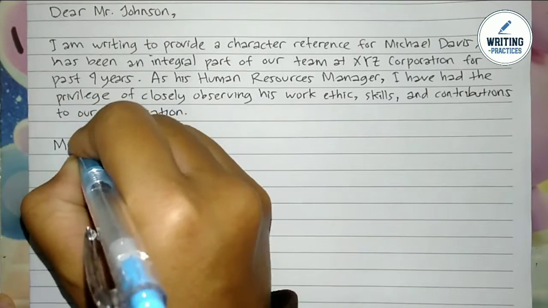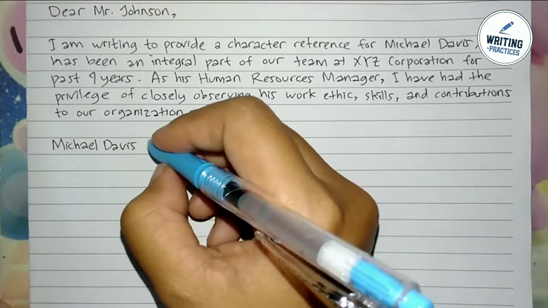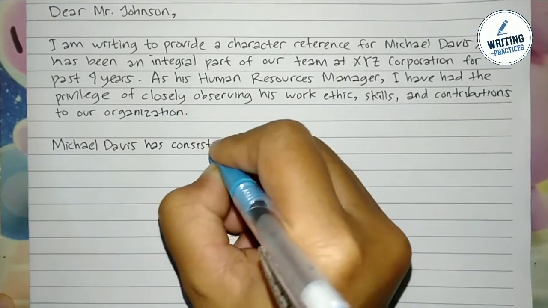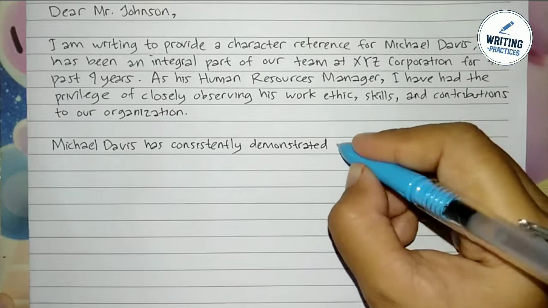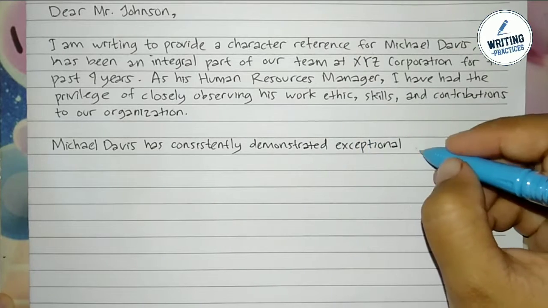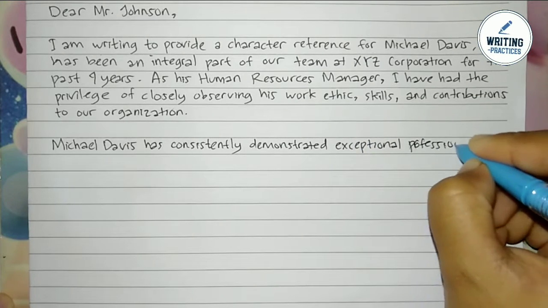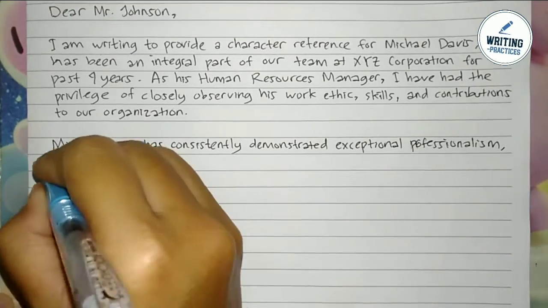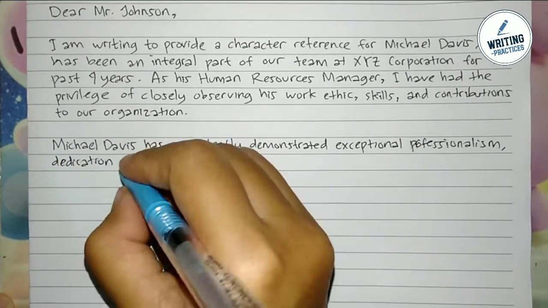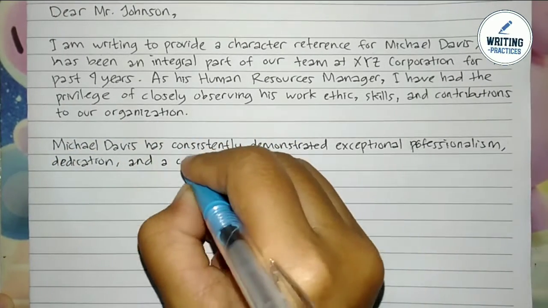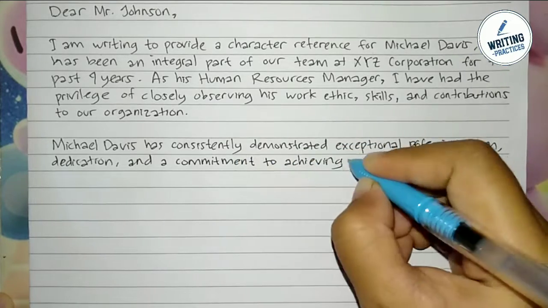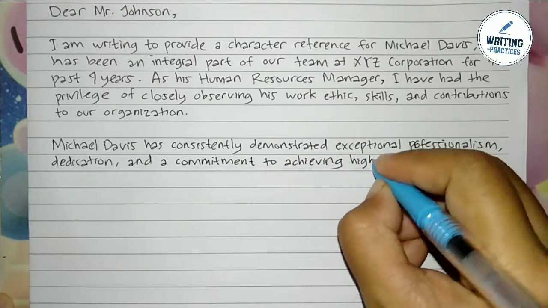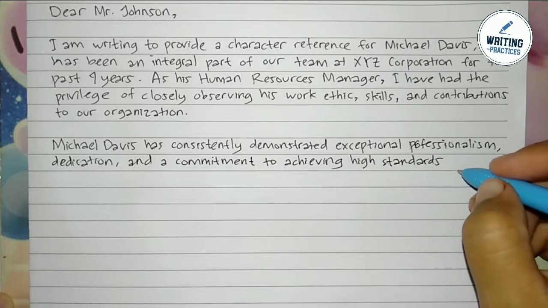In the second paragraph, this is where you write an overview of the applicant's professional character traits. As you can see in this video, the writer overviews Michael Davis's professionalism, dedication, and commitment. And you can do the same to the person you recommend. Here is the example. Michael Davis has consistently demonstrated exceptional professionalism, dedication, and a commitment to achieving high standards in his role at XYZ Corporation.